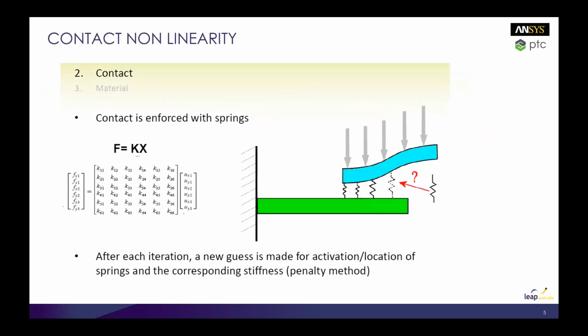Okay, so with contact, at each iteration there's a new guess made for the location of the new contacts. So that will introduce additional springs or additional terms to this stiffness matrix, or it will adjust the stiffness of the terms.